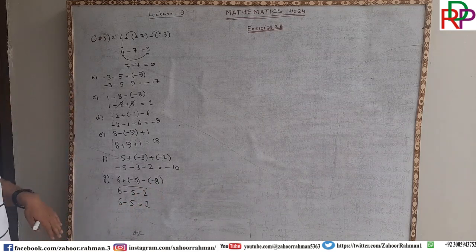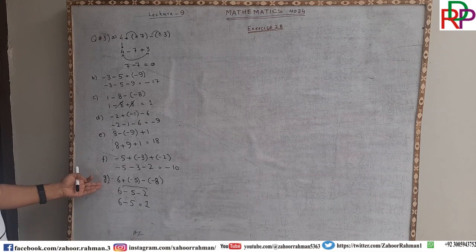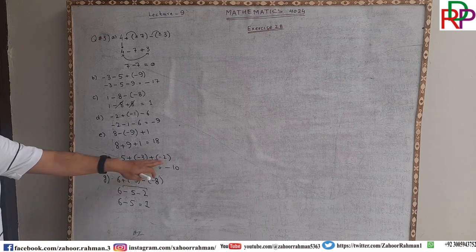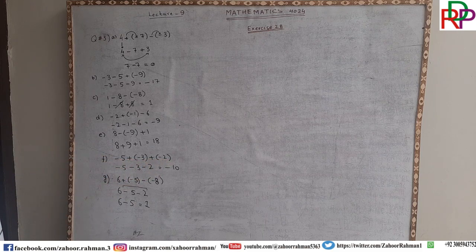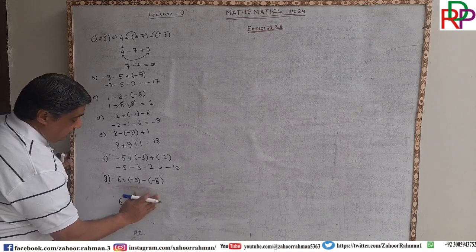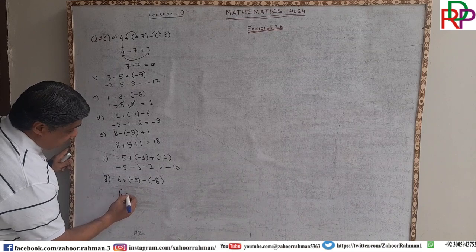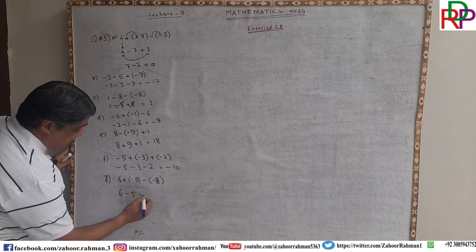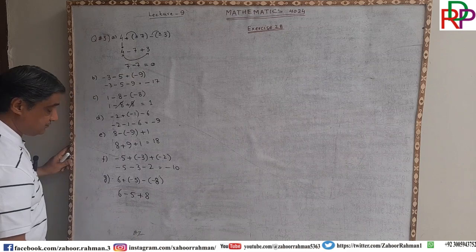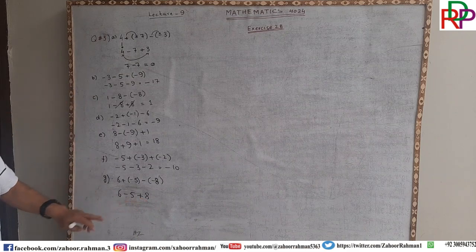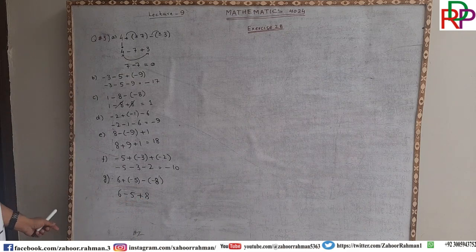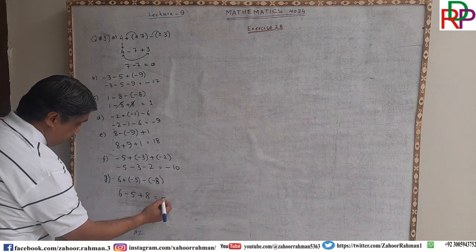I wrote some part of question number G, part number G, and some on part number F. Sorry for that. Okay, now the question is totally changed. So 6 minus 5 plus 8. 6 plus 8, 14, and 14 minus 5 is equal to 9.